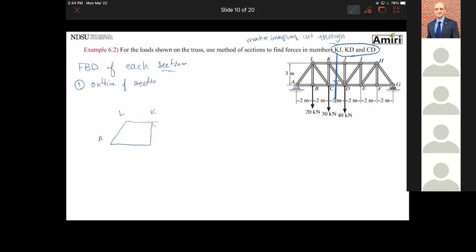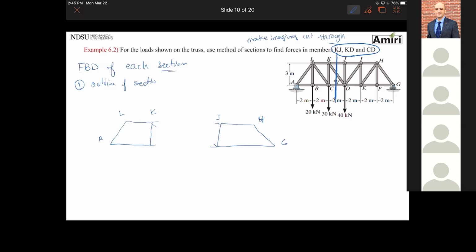That's totally fine. Nothing wrong with it. You do not need to draw every single member of the truss because you're just doing an outline of the section. The other side, also outline of the section. This is G, this is H, this is J. And if you like to draw a little bit of the members too, you can.